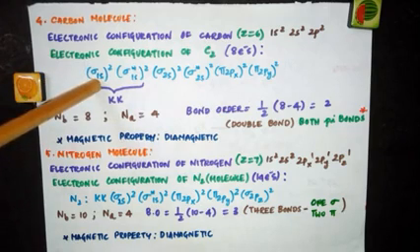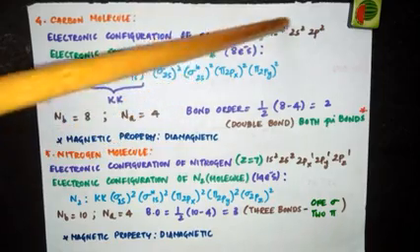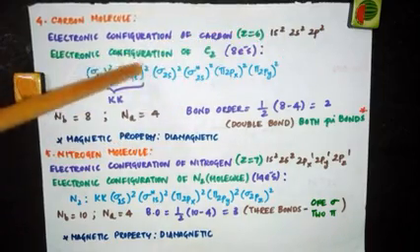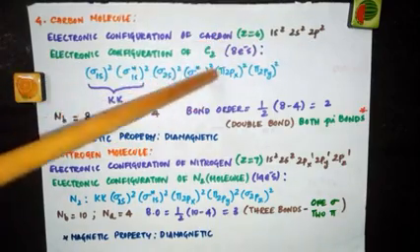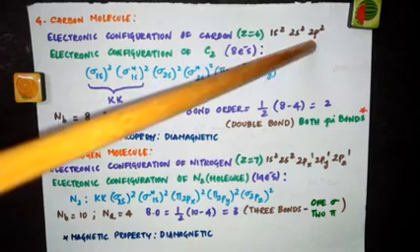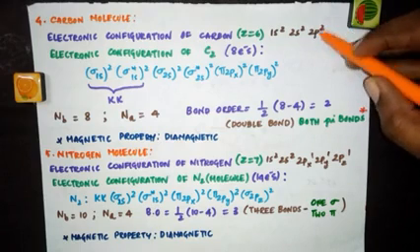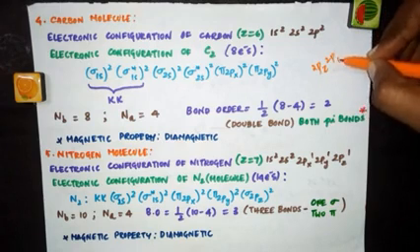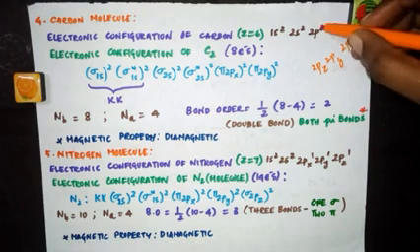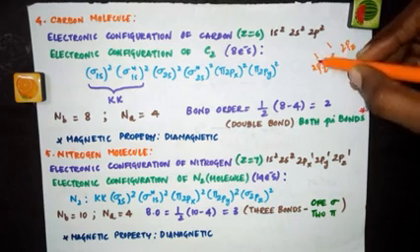Sigma 1s, sigma star 1s, sigma 2s, sigma star 2s, because from 1s and 1s you are getting these two molecular orbitals, from 2s and 2s of another carbon atom you are getting these two molecular orbitals, and 2px and 2px of another carbon atom. Now see, here we have written 2p2. This 2p is actually 2px, 2py and 2pz. When we write 2, according to Hund's rule, it should be like this.